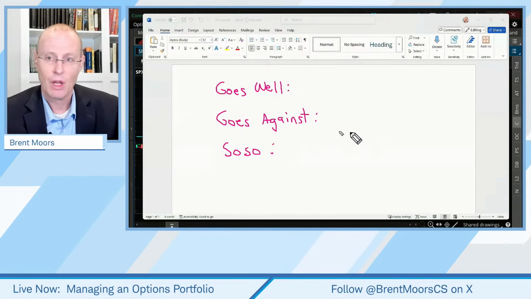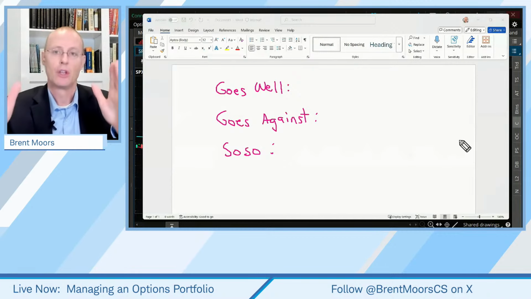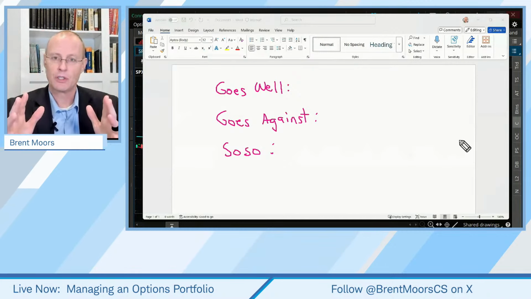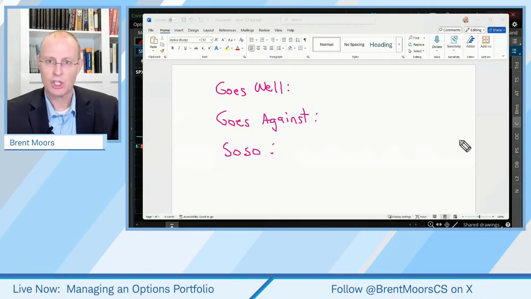When we say a bull call spread and a long call vertical, they're the same thing. A vertical spread is just two options, same expiration, same type, calls or puts, and you're selling one and buying one. That's a vertical spread.